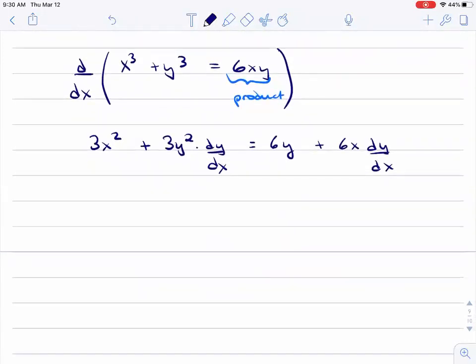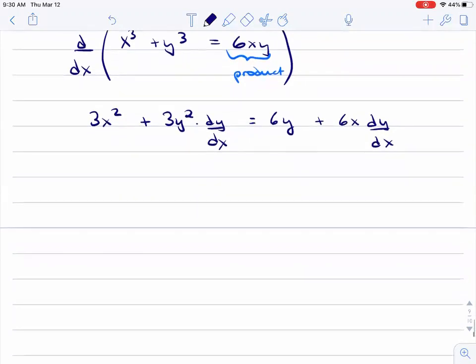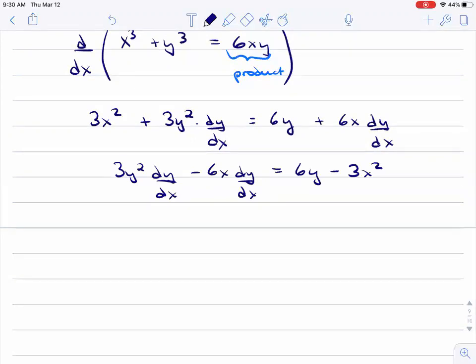So here I'm just solving for dy/dx and moving my dy/dx's over to one side. I get 3y squared dy/dx minus 6x dy/dx equals 6y minus 3x squared. Hopefully I didn't.